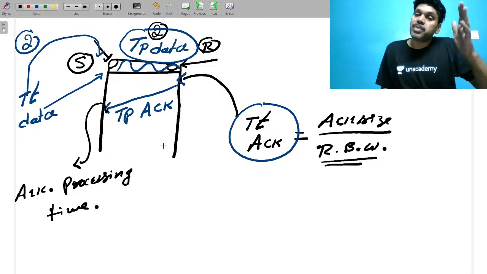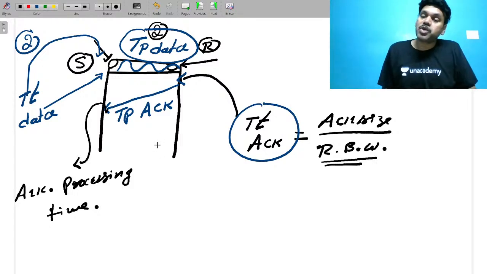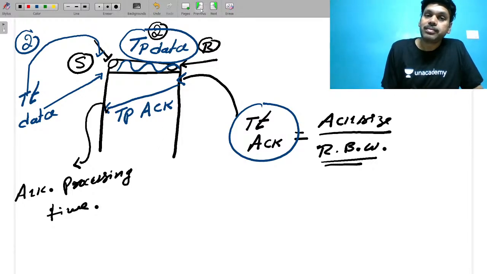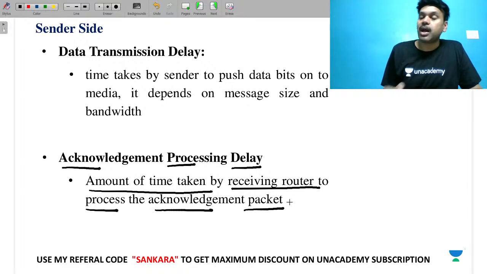These two are done at the sender side only: one is the transmission time to push your data onto the medium, and the second one is acknowledgement processing time. So acknowledgement processing delay is the amount of time taken by your receiving router to process the acknowledgement packet.